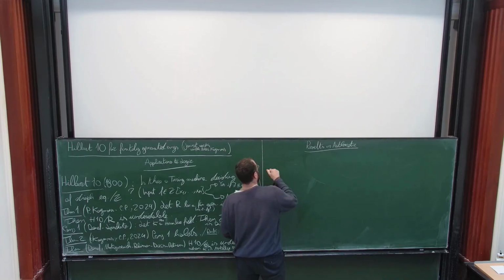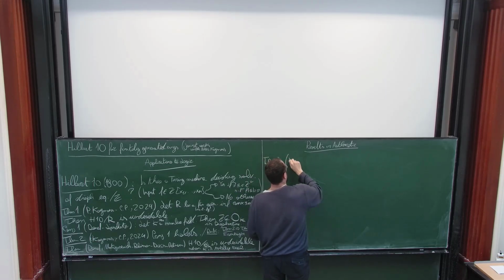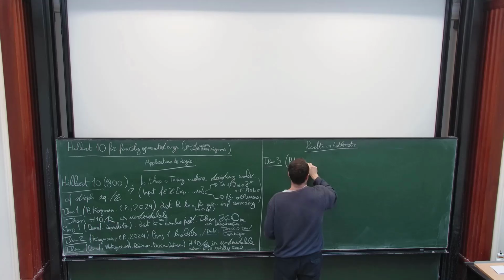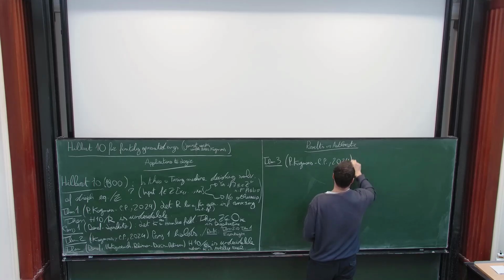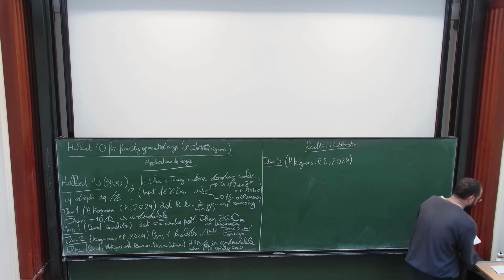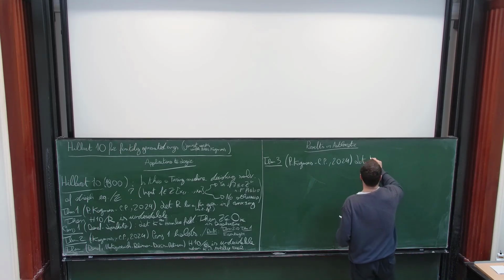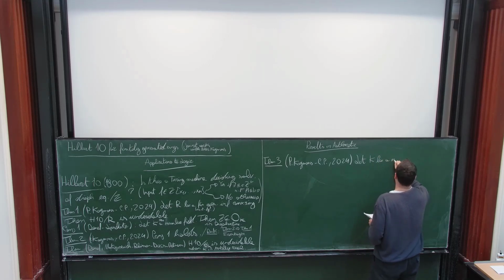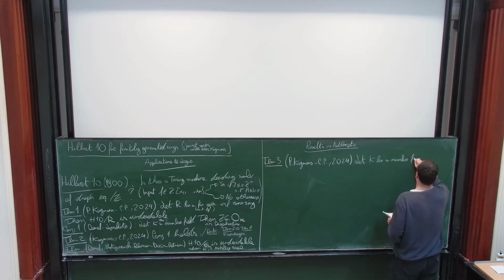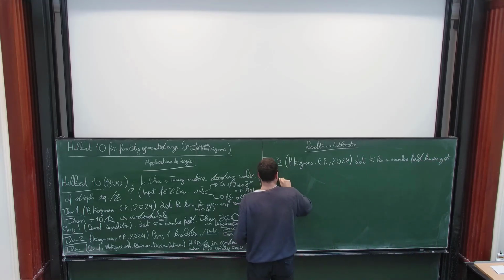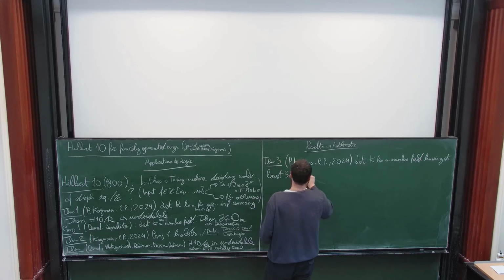So this is theorem 3. It's from the same work and is actually our main result. The rest, all the other reductions, were already known. Following: let K be a number field having at least one real place.